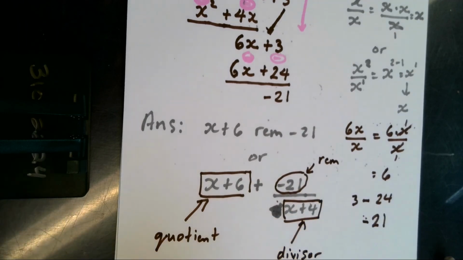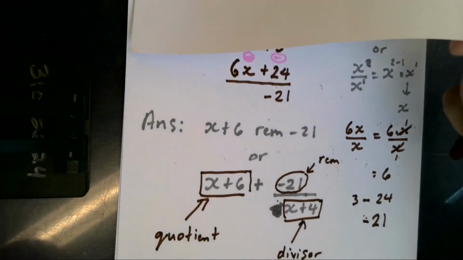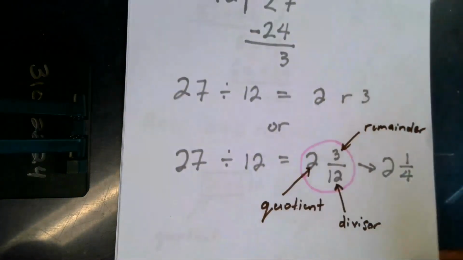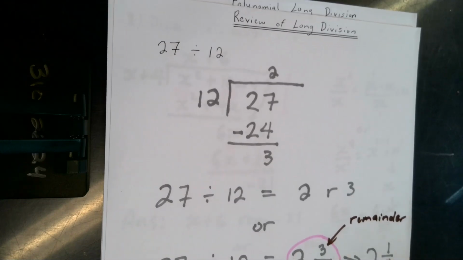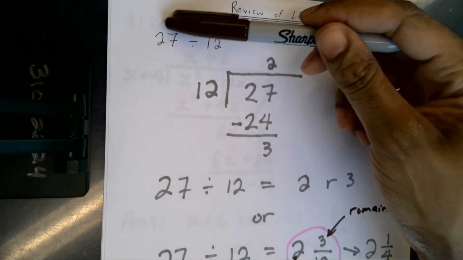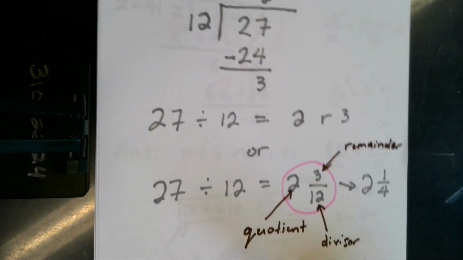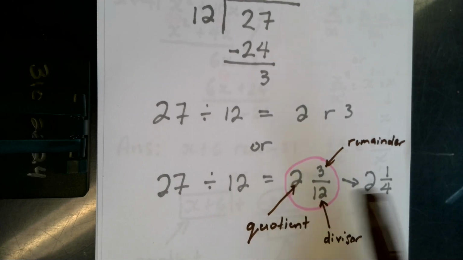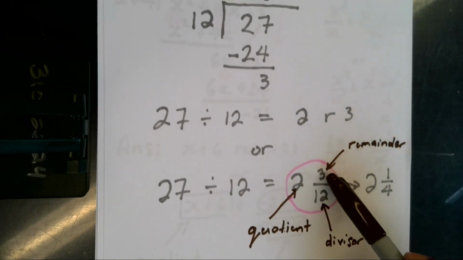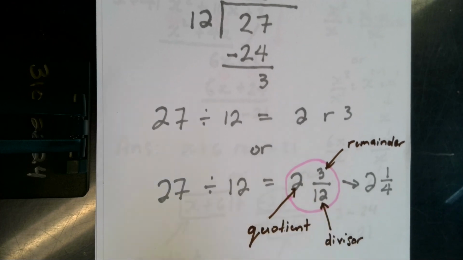And notice it is similar to what we had for normal long division. So when we divided 27 by 12, we got 2 to be our quotient, and we got 3 to be our remainder, and we got 12 to be our divisor.